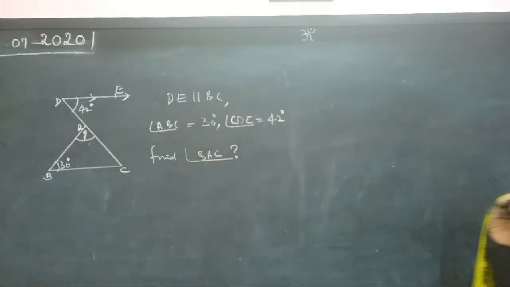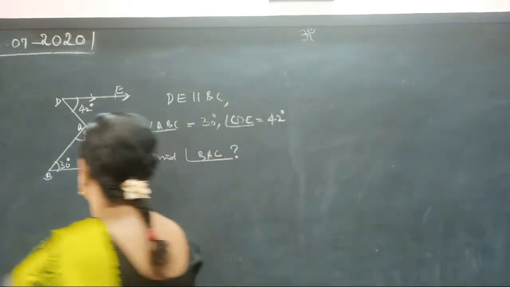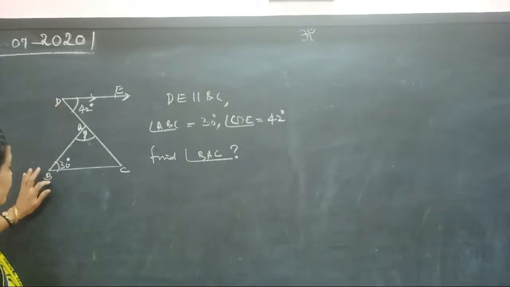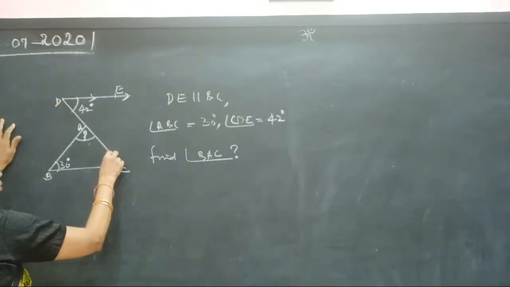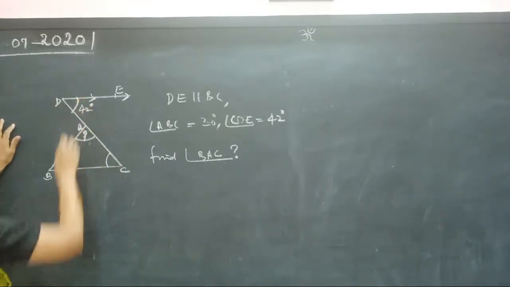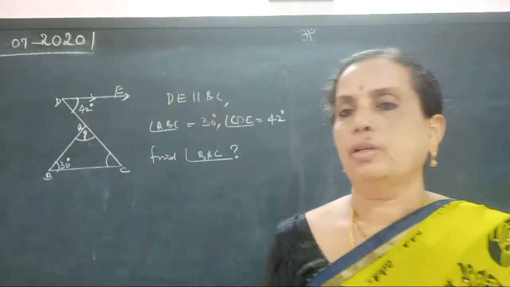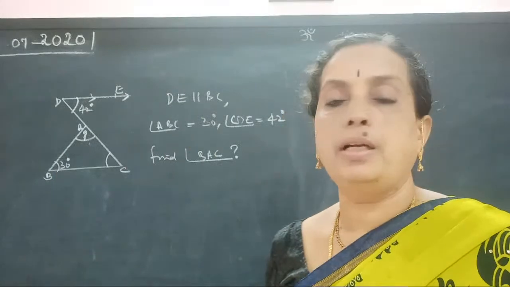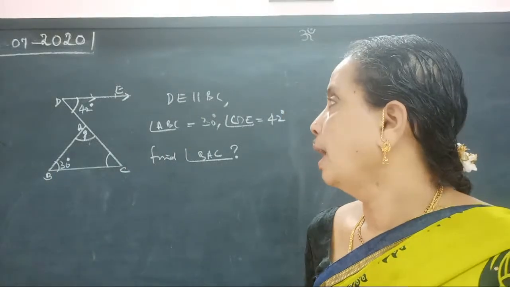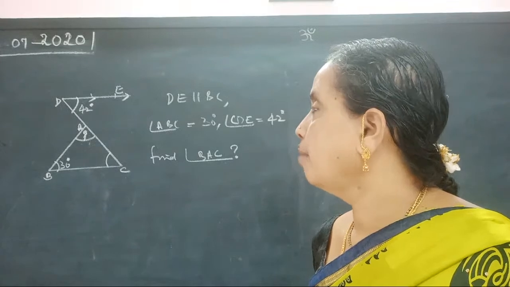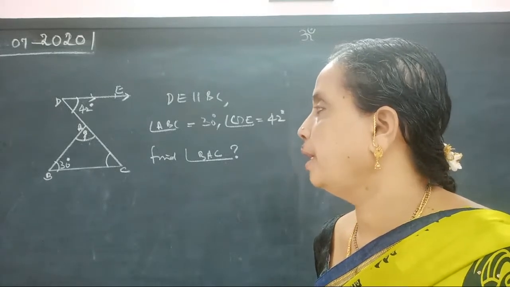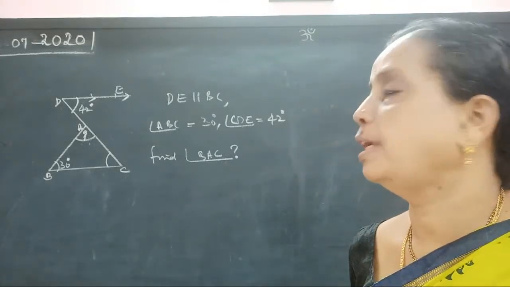Get the figure? So when DE is parallel to BC, can we say these two angles are equal? Why are they equal? When DE is parallel to BC, angle EDC equals angle BCD.